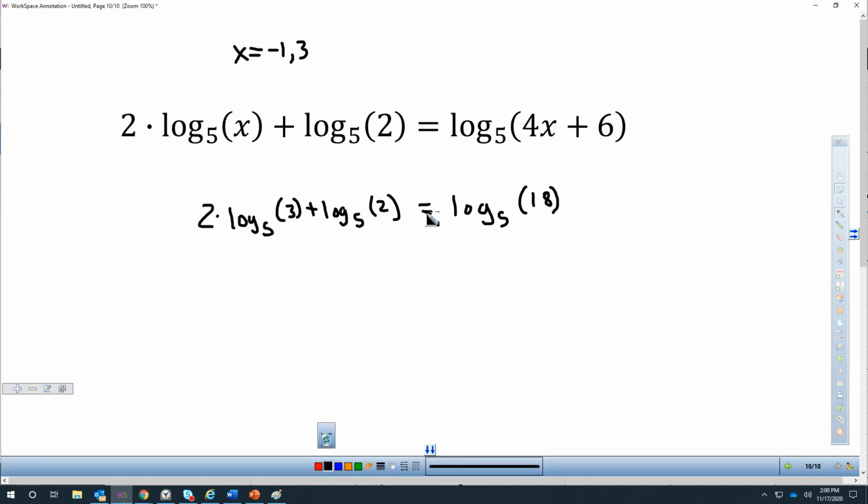Okay, so I could type in log base 5 of 18, and I could type in 2 times log base 5 of 3 plus log base 5 of 2 and see if those equal the same thing. But I would like to practice my log properties, so I'm going to use my power rule here and say this is log base 5 of 3 squared, which is just going to be 9. So I'm just going to change that now to a 9. Plus log base 5 of 2.